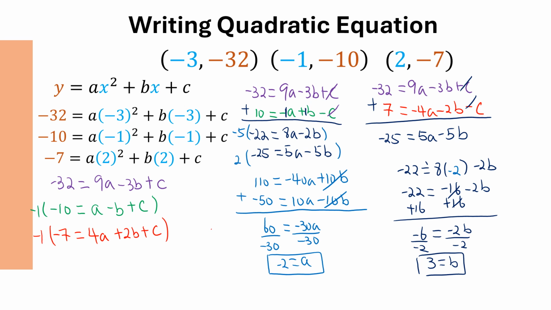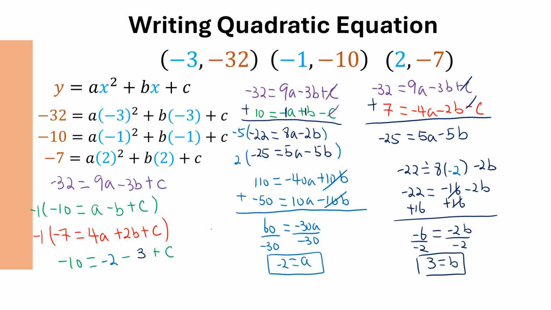So the only variable that we don't know is the value of c. To find c, you're going to go back to one of these three equations that you had earlier and plug in your a and b. Again, it doesn't matter which one you use. I'm going to use the second one because it just seems easier and quicker. So we have negative 10 equals a, my a value is negative 2, minus my b value, which is 3, and then I'm looking for the value of c.